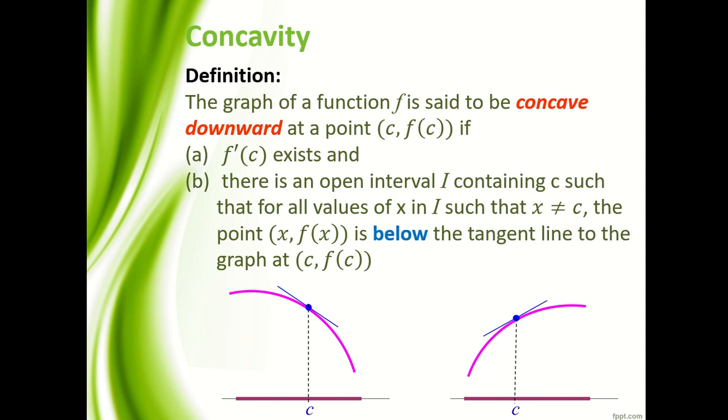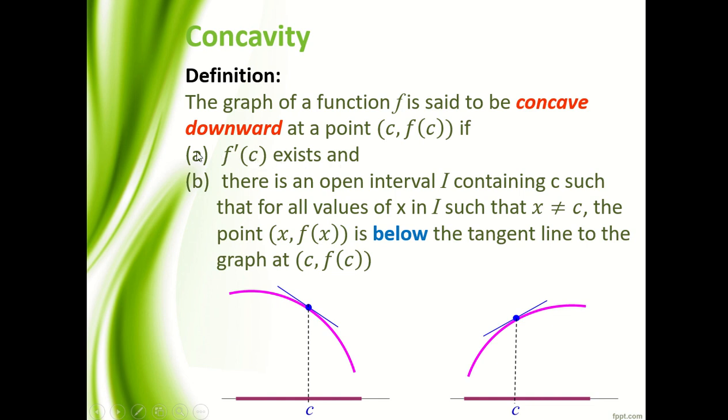All right, now for the opposite scenario, the graph of function f is said to be concave downward at a point with coordinates C, f of C, our point of tangency. The conditions are the following: first, f prime of C exists, meaning if you substitute the value of C into the first derivative of the function, it exists.